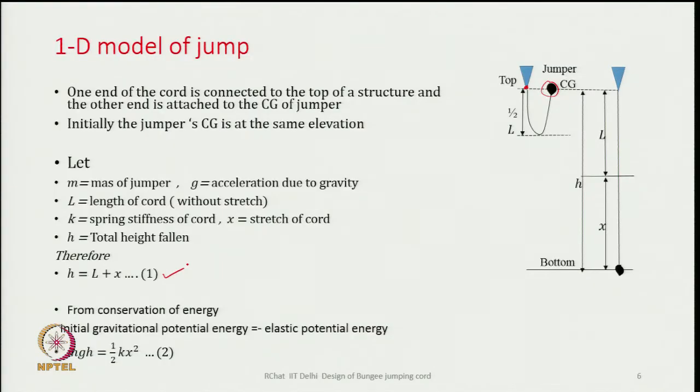So, therefore, h is L plus x as shown in the diagram, very clear, and from the conservation of energy we can write that initial gravitational potential energy should be equal to elastic potential energy of the cord, and therefore, mgh is going to be half k x square.